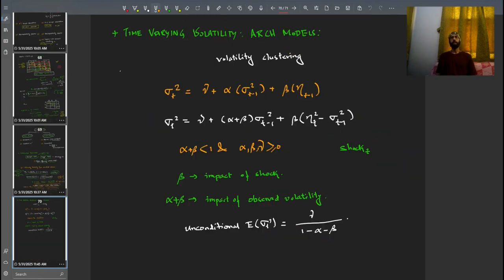Time varying volatility. ARCH models, that is auto-regressive conditional heteroscedasticity models, right? What do we mean by this? First, let us understand what volatility clustering is. Let's say we are trying to observe the plot of volatility from 2000 till 2025. What we may observe is that from 2000 till 2002 there will be high volatility.